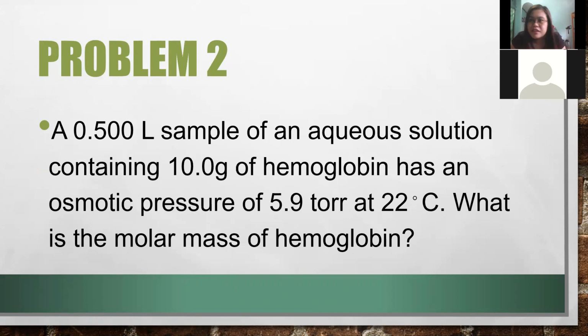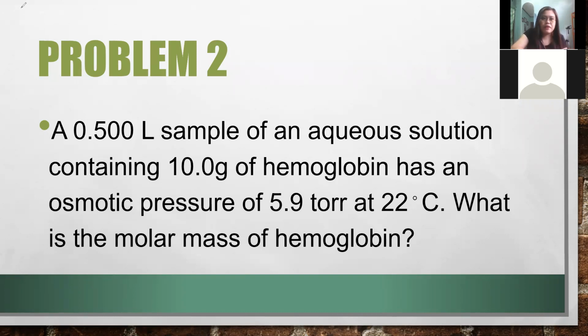You just follow the formula, but this time, just like yesterday, this is looking for the molar mass of hemoglobin. Sige, I will wait. The first 5 will have additional points sa exam. Points, ha, kay medyo lisod man ni. Yeah, you have to convert to ATM.